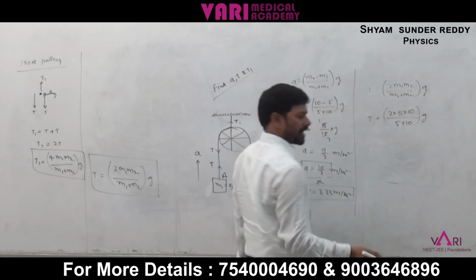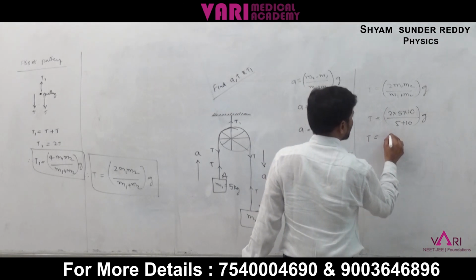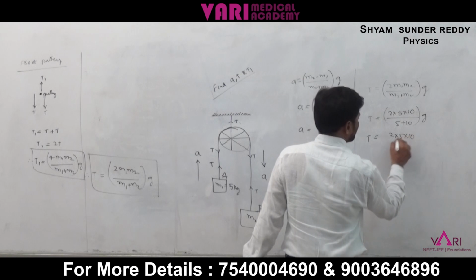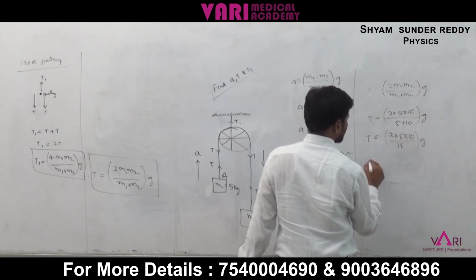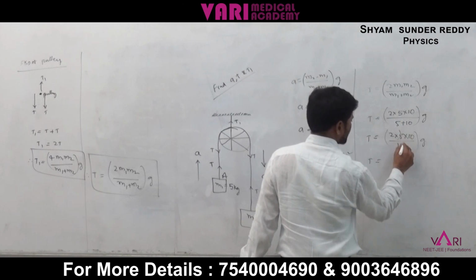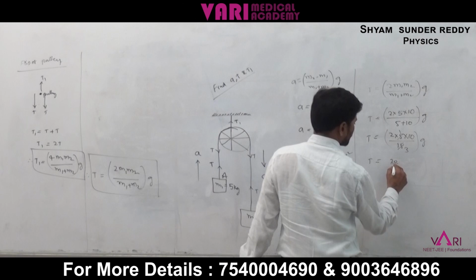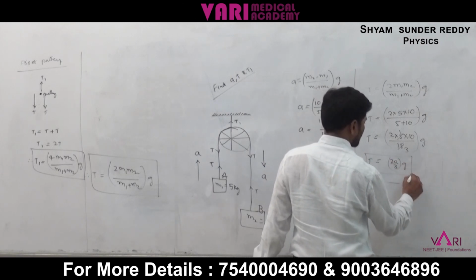Write the g, otherwise write 10. T is equal to 2 into 5 into 10 by 15 into g. T is equal to 5 ones are 5, 3s are 20 by 3 into g. This is the tension.